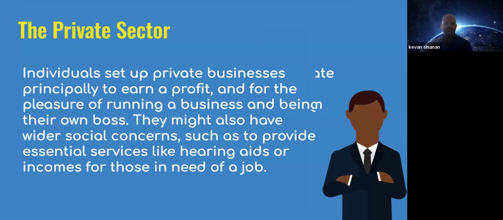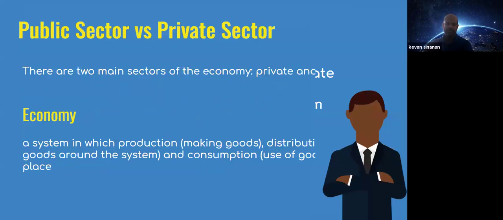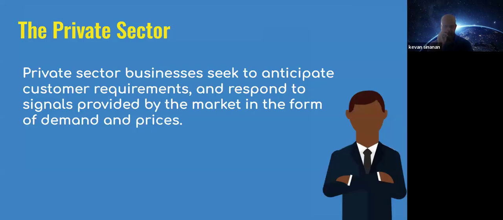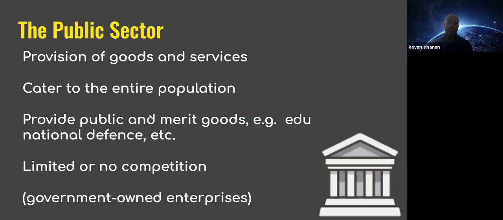Let us go back to the slides real quick. This was 2 marks. Therefore, you have to differentiate between private sector and public sector. Tell me, how would you answer this question?